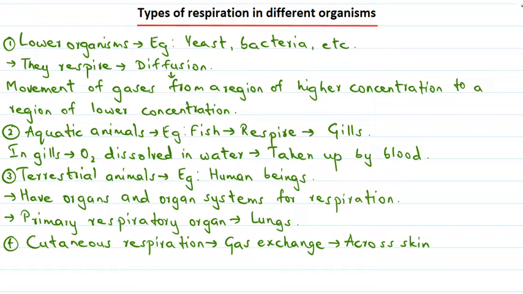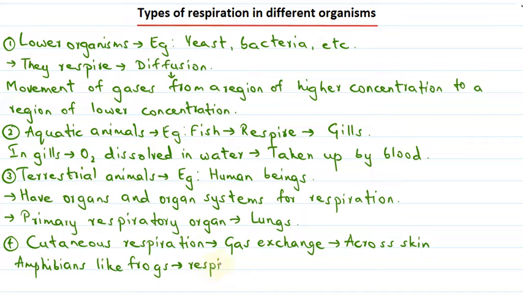So in some animals this cutaneous respiration is the sole form or the only form of respiration, whereas in some other animals this cutaneous respiration is accompanied with other methods of respiration. For example, in case of amphibians like frogs, how do they respire?